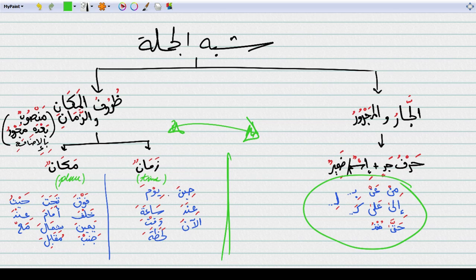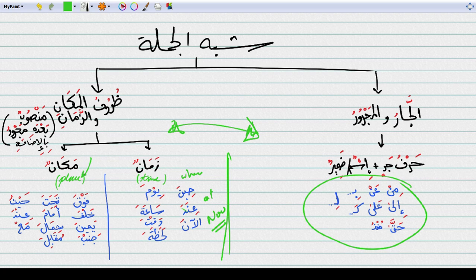So any word that would describe time is ظرف زمان. Any word that would describe a place is ظرف مكان. So for example, what do I mean by describing time? So for example, the word now, okay, the word when, the word at a certain clock or at a certain time, okay, the word minute, the word second, okay, the word day.